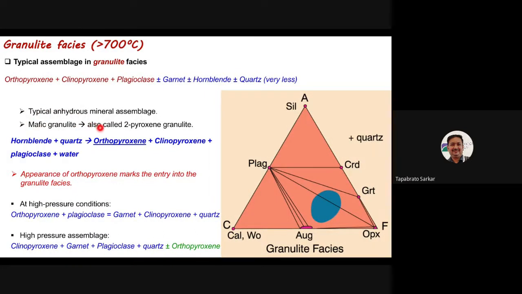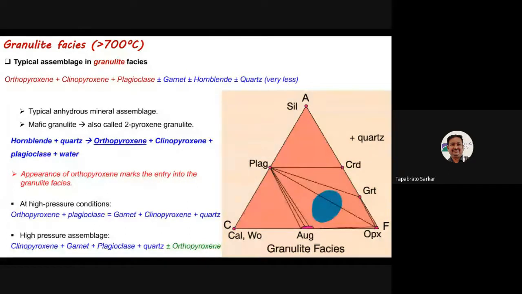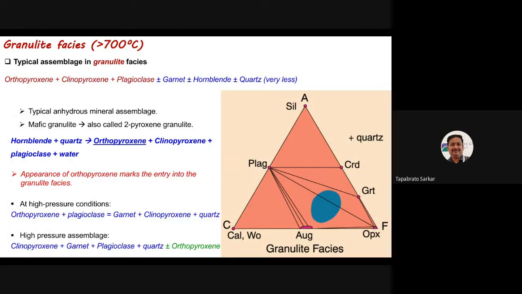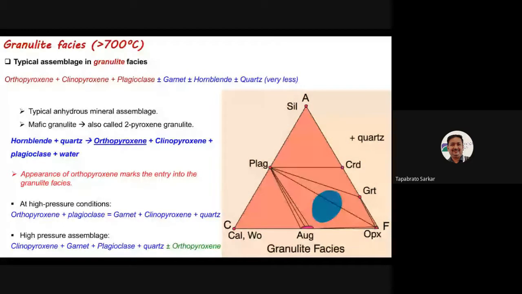Many times it's also called a 2-pyroxene granulite because both the pyroxenes are present together. It is only in the granulite facies condition that both pyroxenes, orthopyroxene and clinopyroxene, are present together in a metamorphic rock. Very commonly we will come across the name 2-pyroxene granulite as well as mafic granulite.